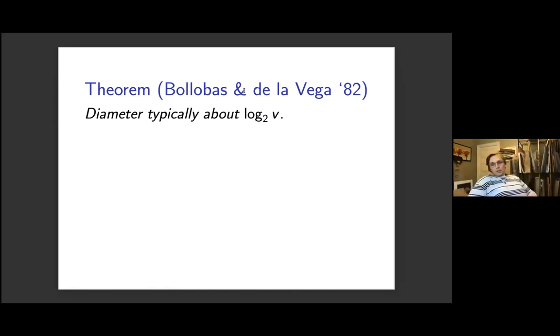At least for typical 3 regular graphs, the diameter is actually logarithmic. So somehow they're pretty highly connected. They have pretty small diameter. And this is basically as small as you could dream of it being for a 3 regular graph. So the diameter is quite small.